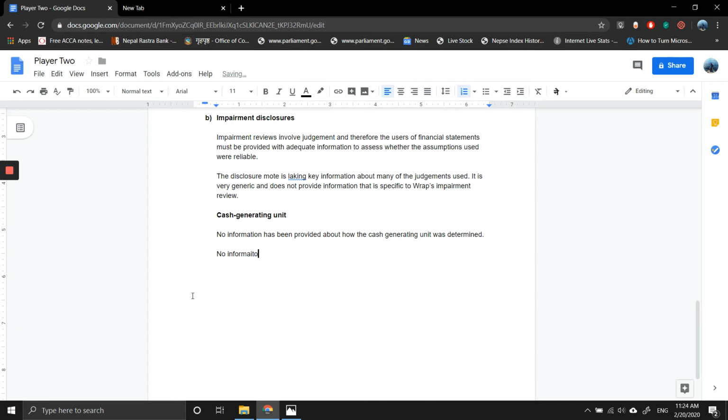No information has been provided about how the goodwill was allocated to the cash generating unit.